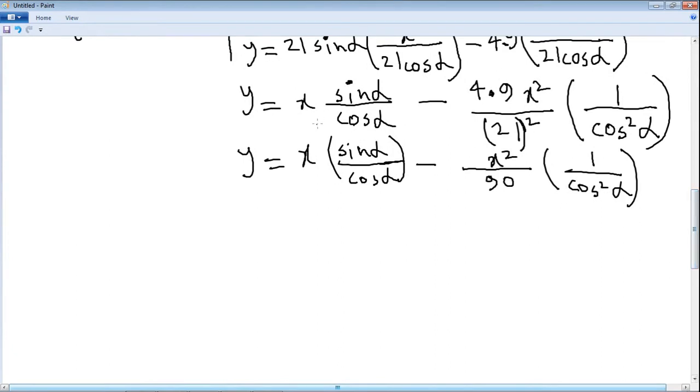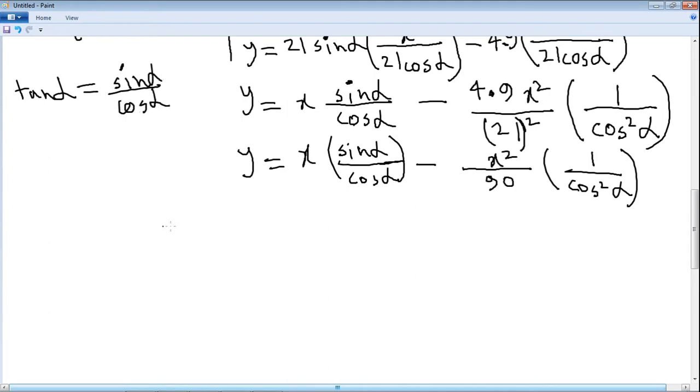If you have remembered, we can write tan alpha as sin alpha by cos alpha.